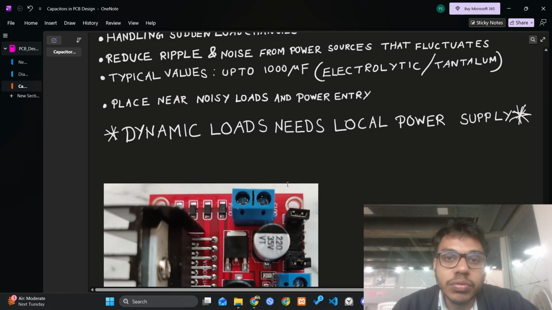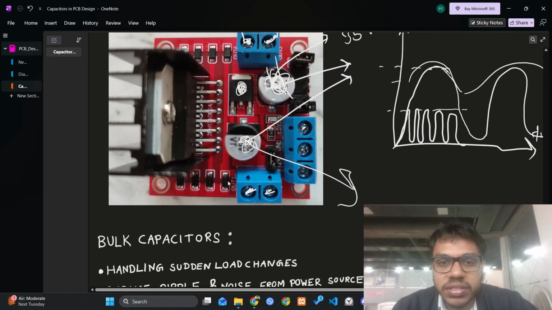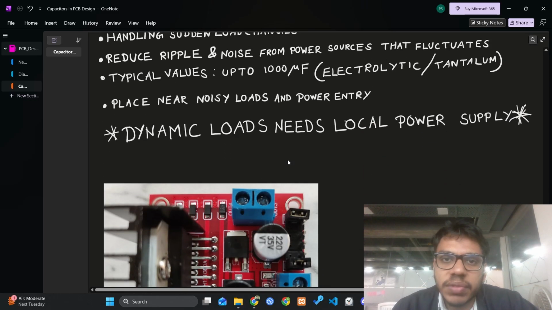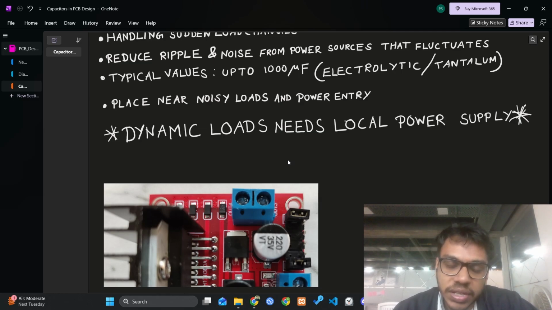The thing that you need to remember is whenever you are using some dynamic load, for example, here we are using some motor, that draws a large current, and the frequency of this large current change is a bit slower than an IC, then it needs some local power supply.